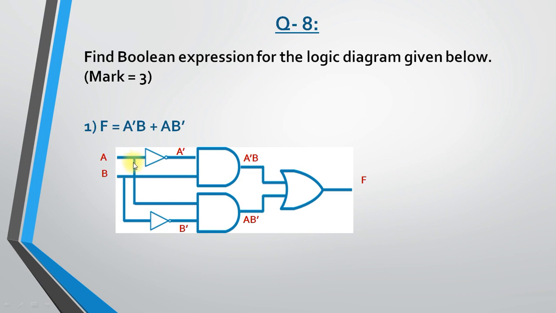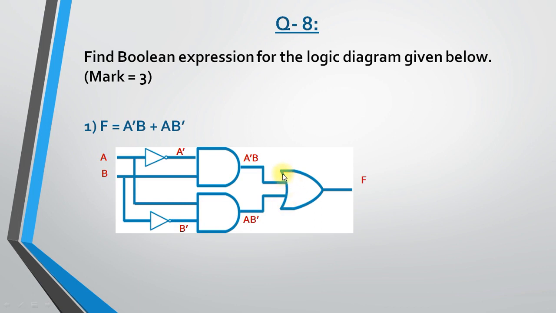That means I have passed the value of variable A. Similarly, I have used this cable from B, but I have placed one gate which is called a NOT gate. So I will get the inverted value of B, that is B dash. So A and B dash go inside the AND gate, which will return A B dash.